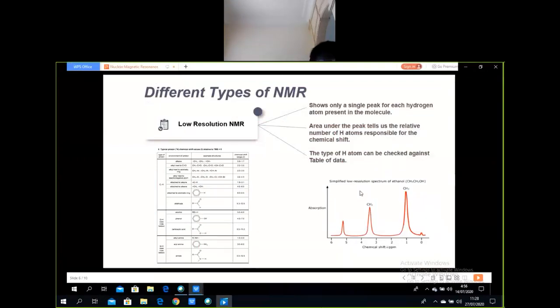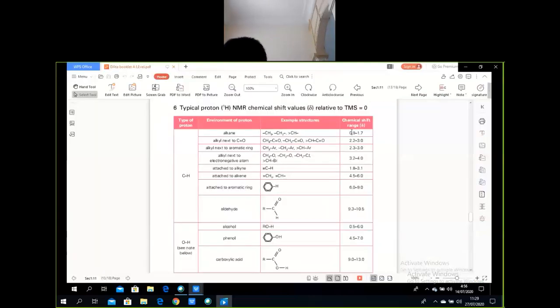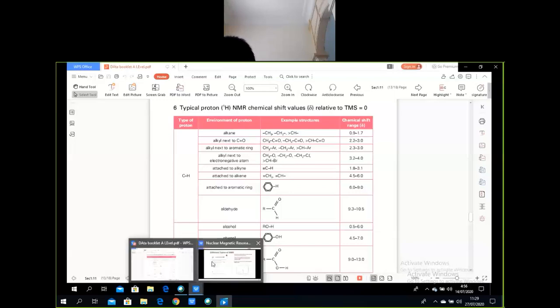Based on the data booklet, CH3 is 0.9 until 1.7, and this belongs to an alkane. And then let's see the next one.